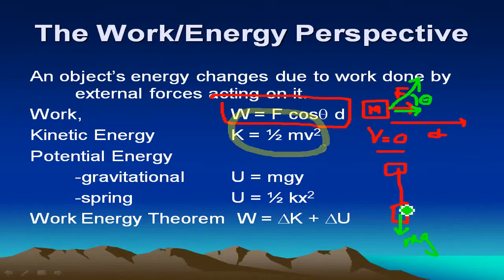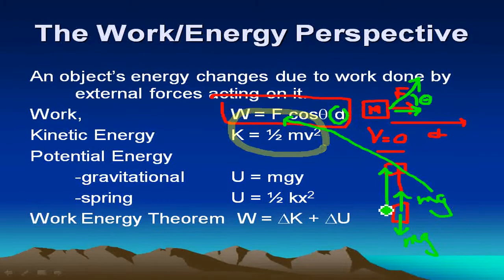So that means you, the person lifting, have to apply an equal force of mg upward. So once again, you are exerting the force, so you're doing work, and you're displacing over a distance d.